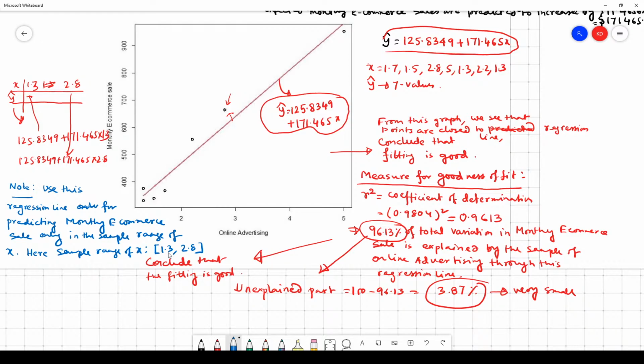So this regression equation performs well only on this sample range of X.